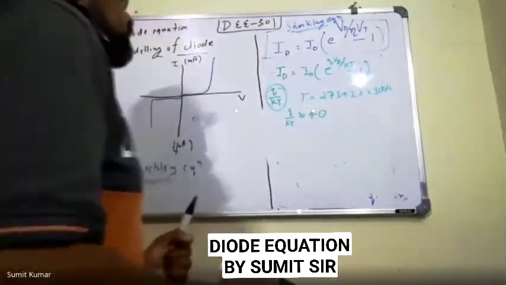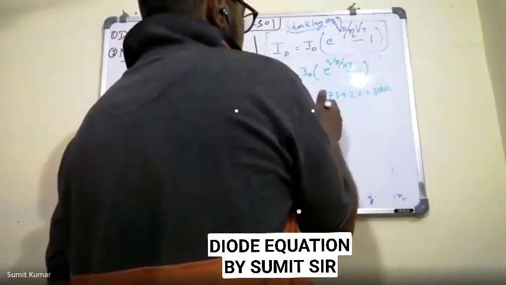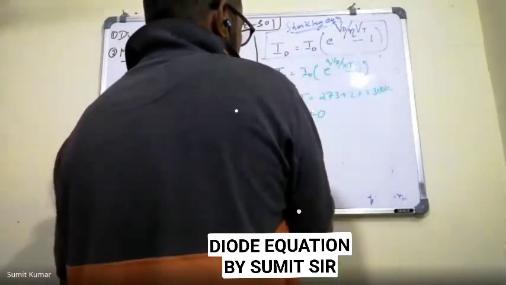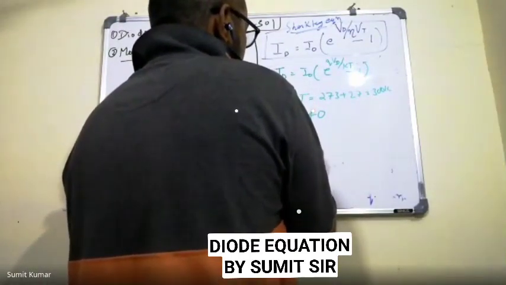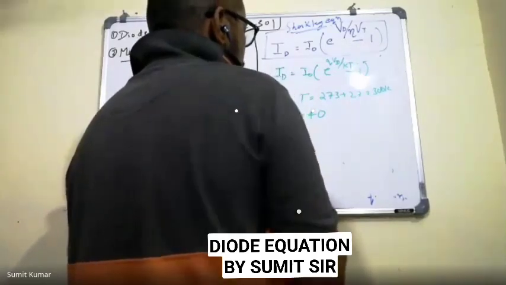The unit of this Q by Kt will be volt inverse, because we know that Vt is the thermal voltage, Kt upon Q, whose unit is volt.